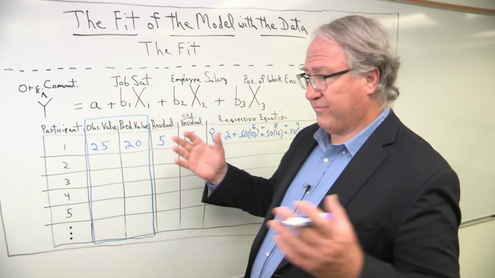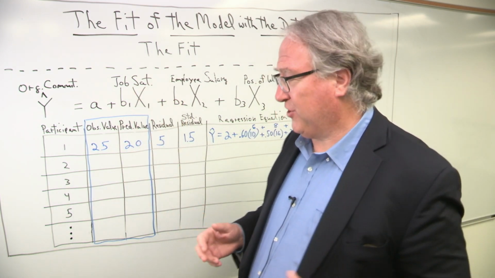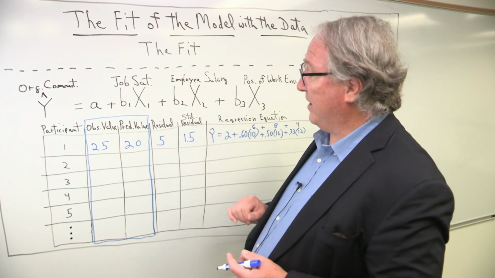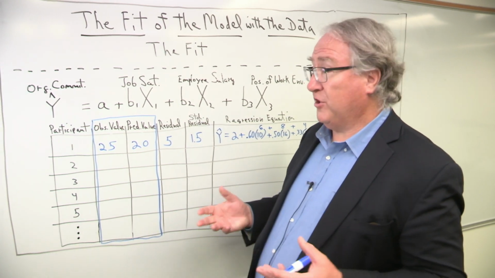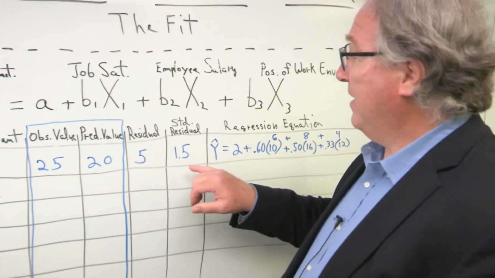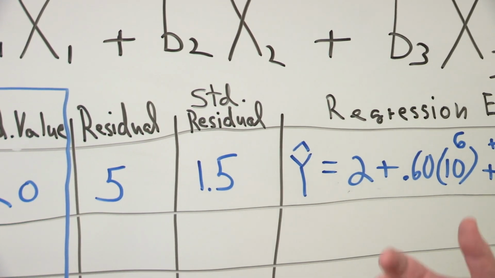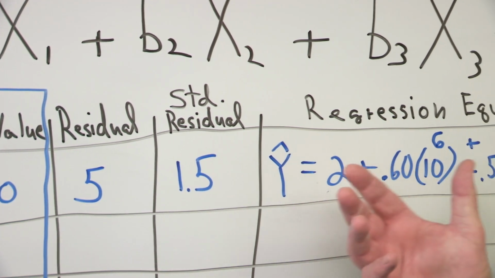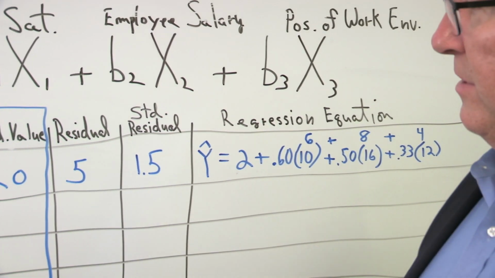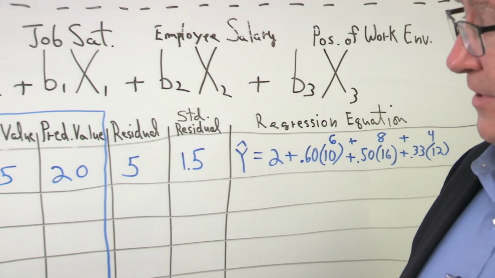And just out of my imagination here, I have given a standardized residual, which is the residual in standard deviation units, a standardized residual of 1.5. And all of that came from applying the regression equation to this particular participant.